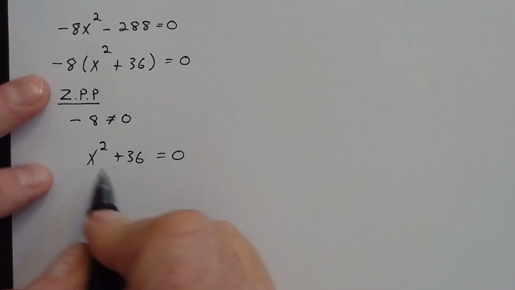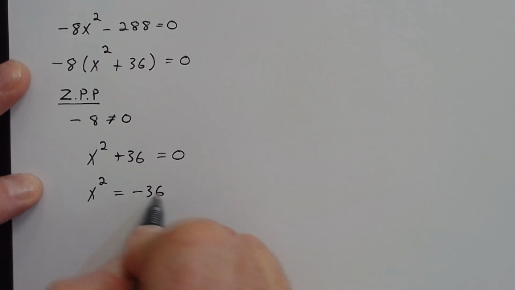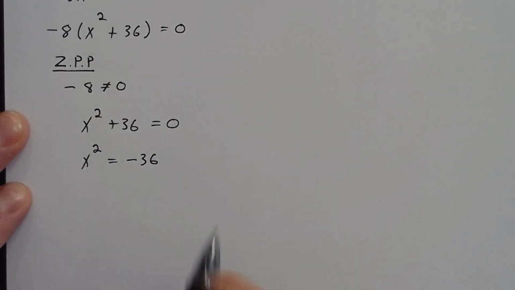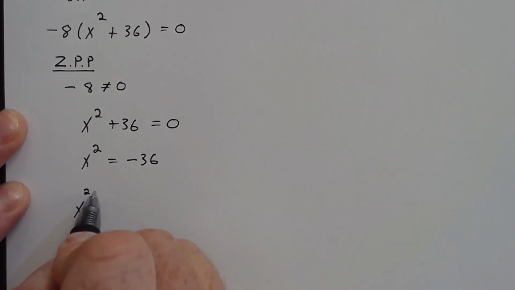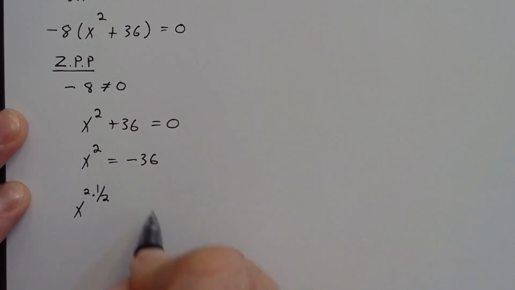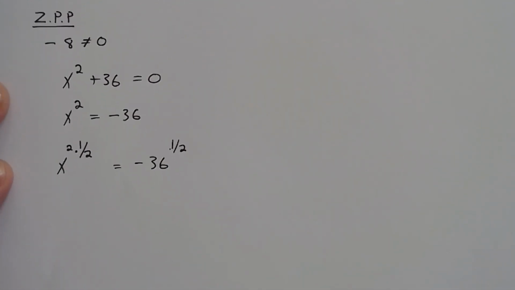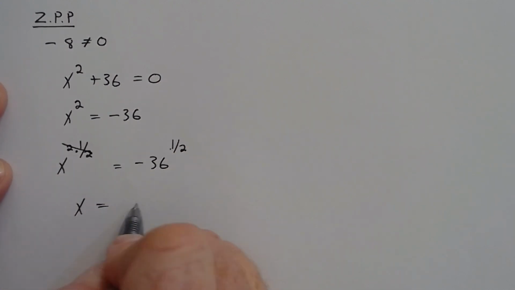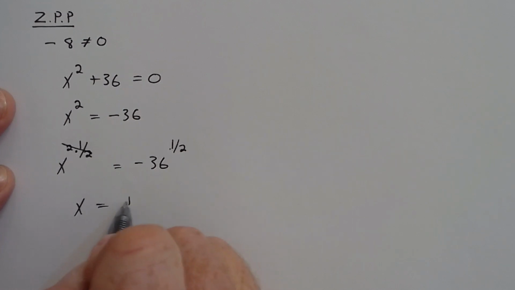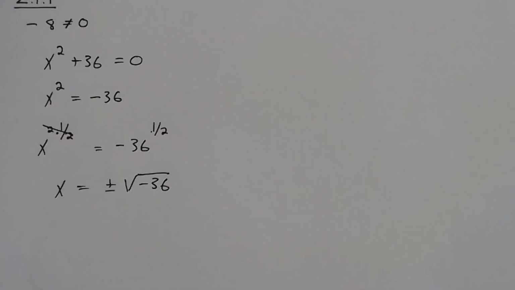So now we just go through this like we would. x squared is negative 36. We're going to take the square root of both sides. So x squared to the 1/2 is equal to negative 36 to the 1/2 in the exponent. This cancels out, and we're left with x is equal to plus or minus the square root of negative 36.